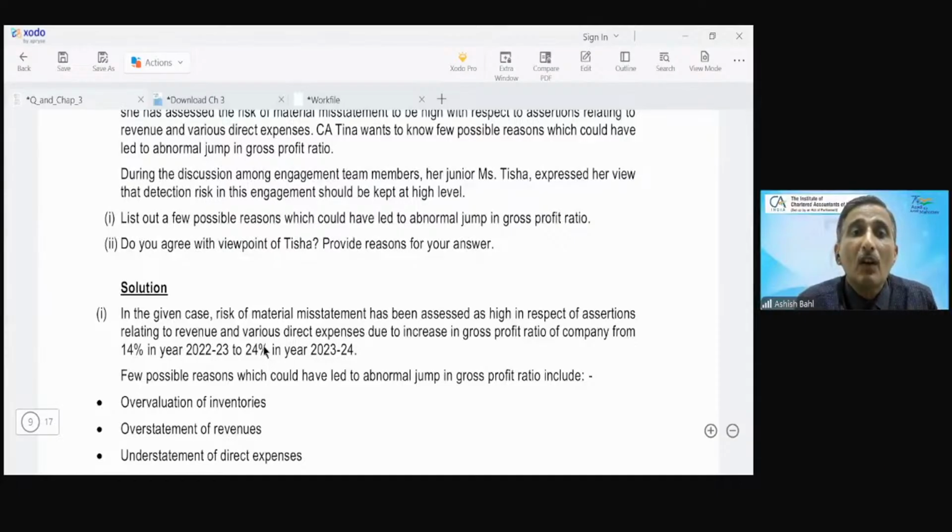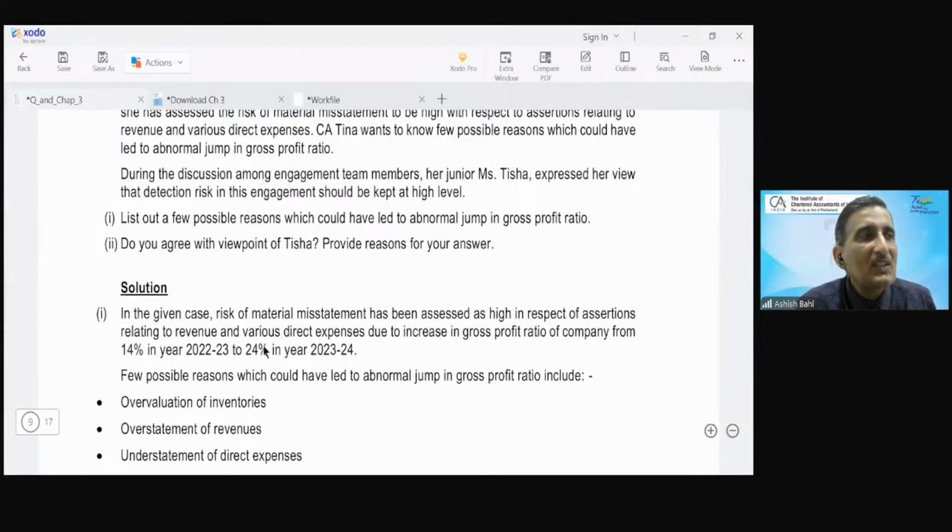Okay. So in such a situation, when the risk of material misstatement is high in respect of revenue, would the auditor keep detection risk at a low level or high level? Yes, tell me.